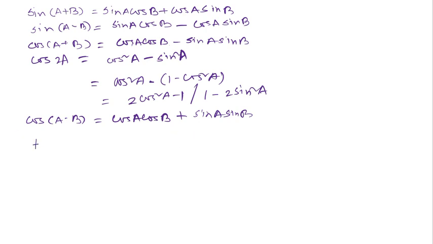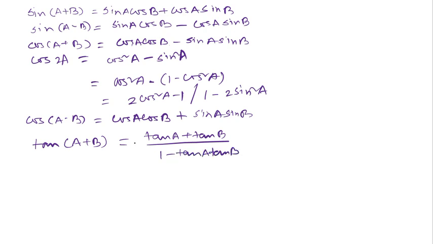Okay, what is tan(A+B)? It is nothing but tan A plus tan B divided by 1 minus tan A tan B. This one you can easily derive. See, tan(A+B) is nothing but sin(A+B) divided by cos(A+B).